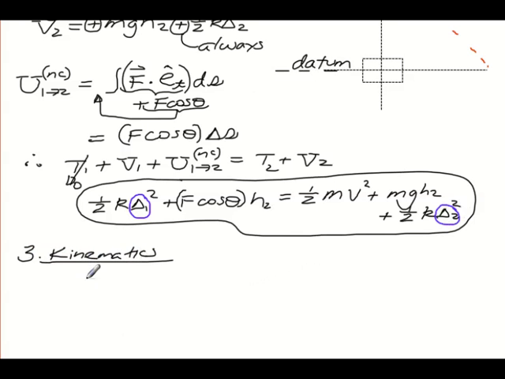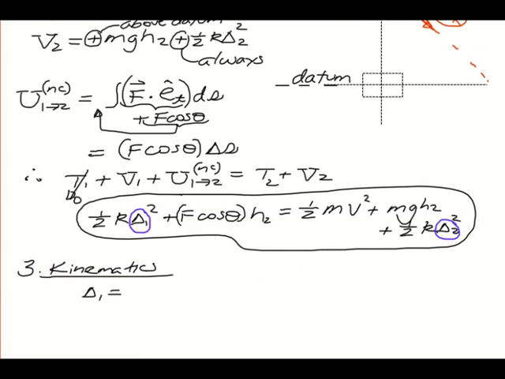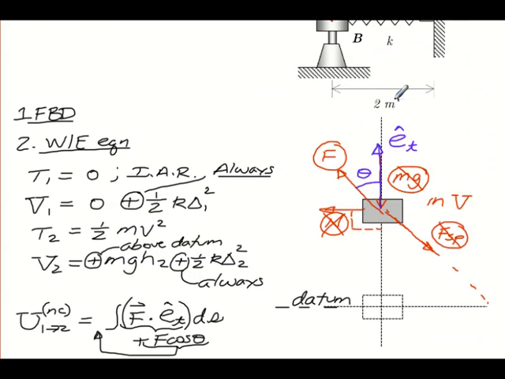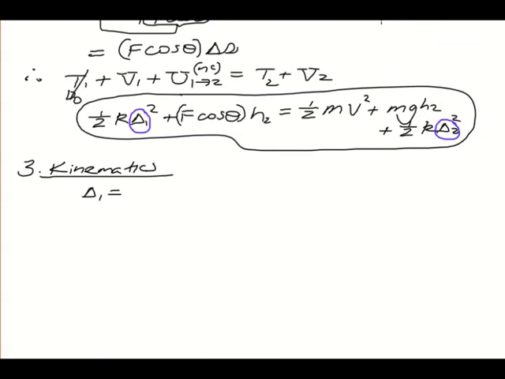Well, delta 1, the amount of stretch in the spring at the beginning: the length of the spring is 2. But it said that the unstretched length was 1.5. So that's L1 minus the unstretched length. L1 is 2, unstretched length 1.5, so that's 0.5.